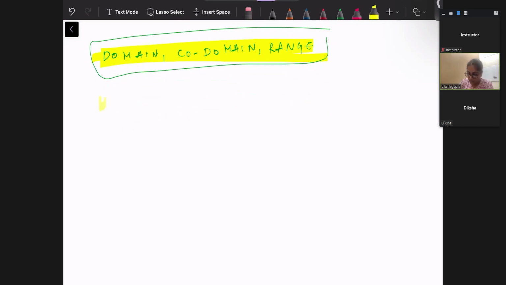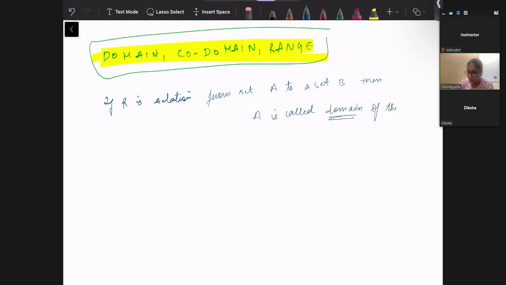If R is a relation from set A to a set B, then A, the set of the first elements of the ordered pairs, is called the domain of the relation R, and B is called the codomain.